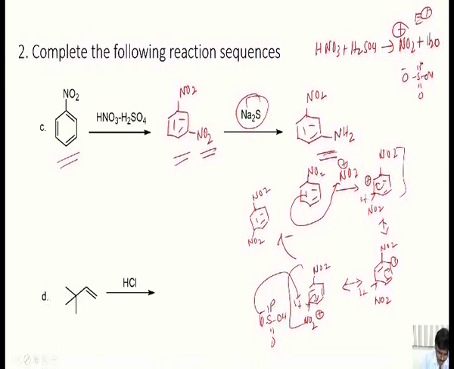On the other hand, if the nitration takes place, for example, in the para position, you will be able to have this resonance structure.